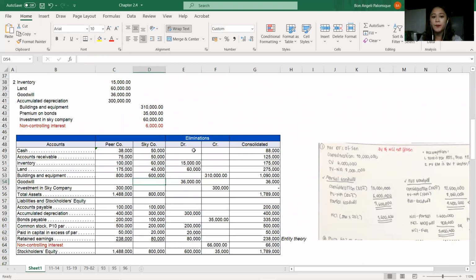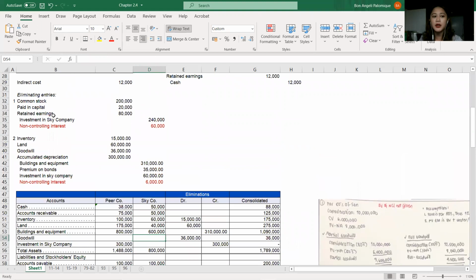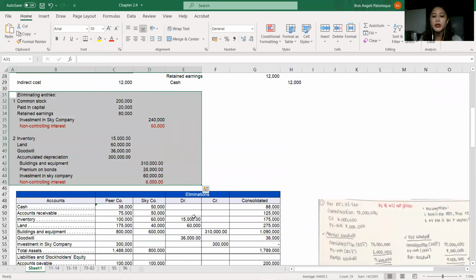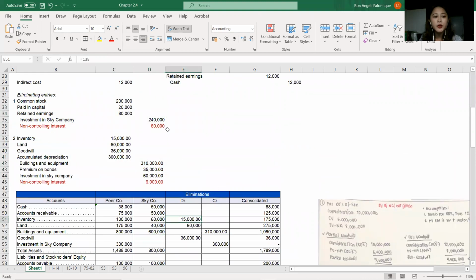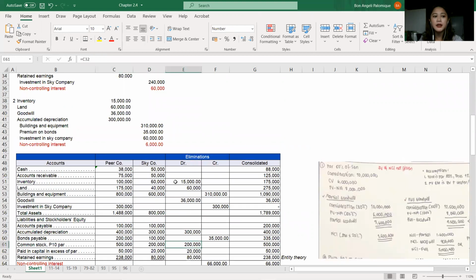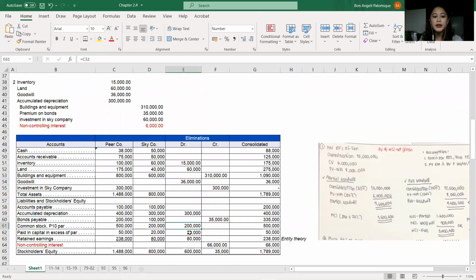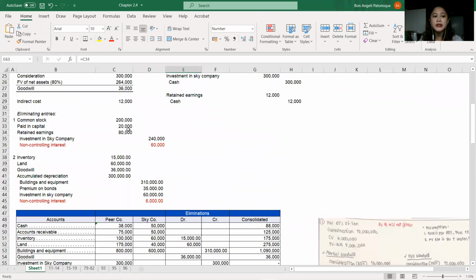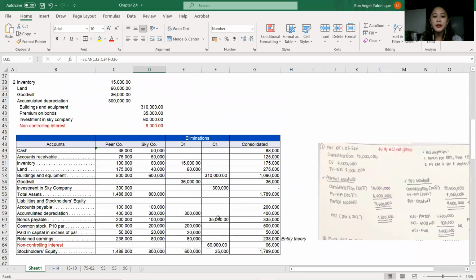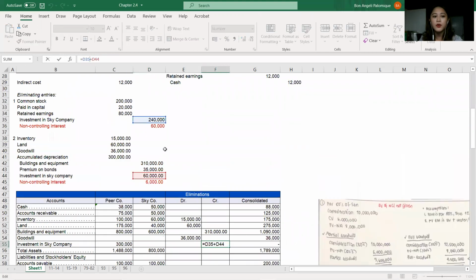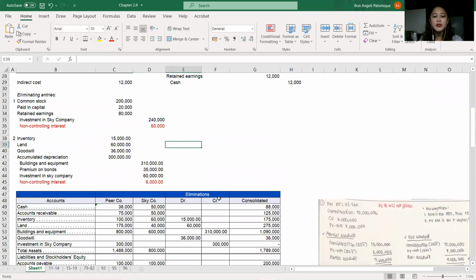Next is elimination. So sa elimination, ipa-plot mo lang yung elim entries mo dito, yung 1 and 2. So first, sabi dito, common stock, 200,000. Paid-in capital, 20,000. 80,000 na retained earnings. Then credit daw na investment in Sky na 240. So 240. NCI mo, 60,000.